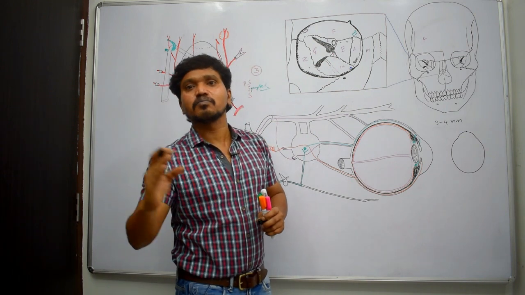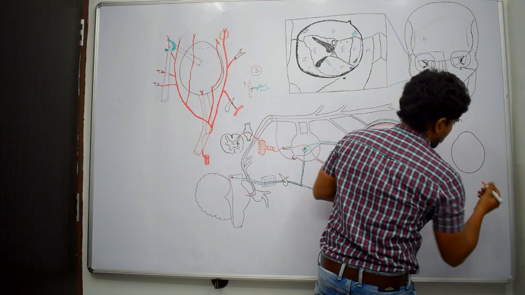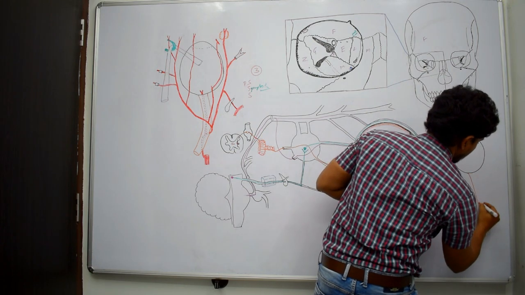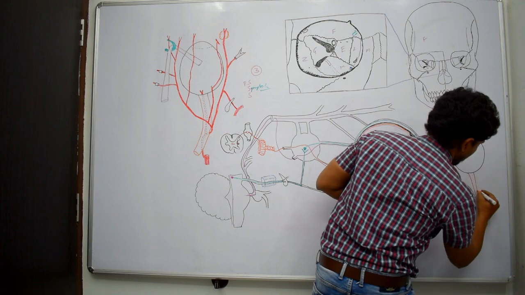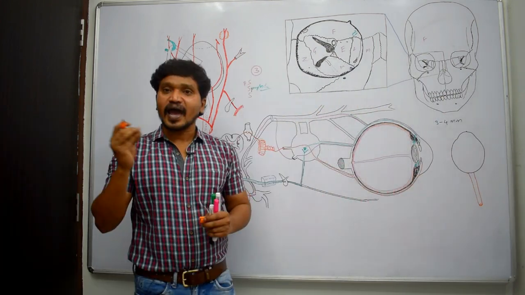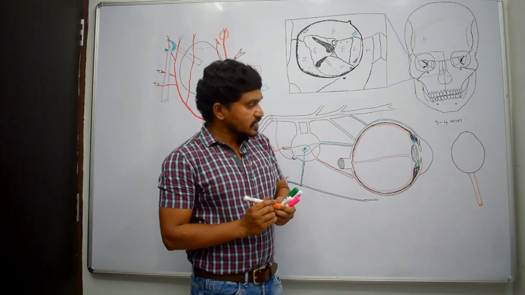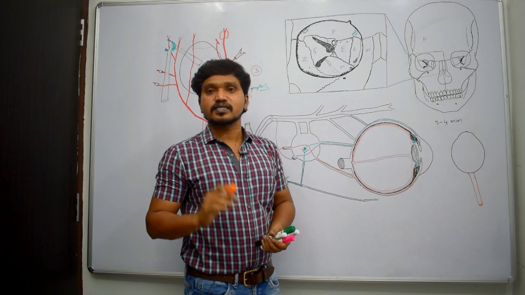Nasal means what? Medial, right? So from here the optic nerve is arising, right? The optic nerve is formed by axons of the ganglionic cell layer of the retina. It is around 4 centimeters in length.